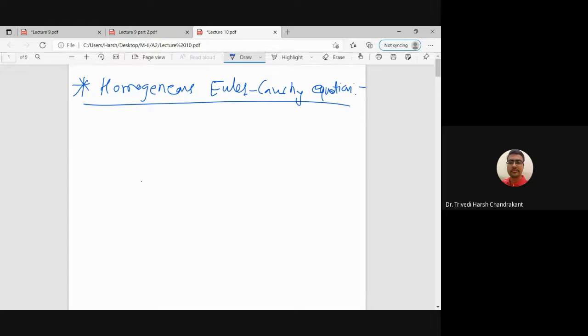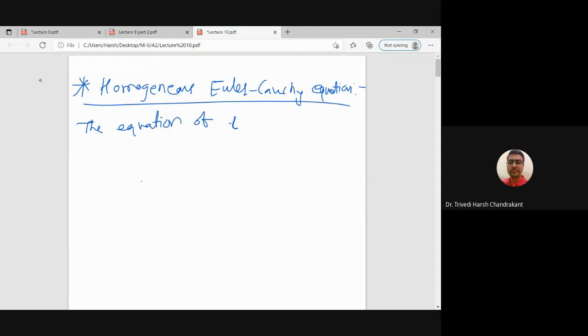So the equation of the form some constant times x square y double dash plus another constant times xy dash plus a third constant times y is equal to 0.